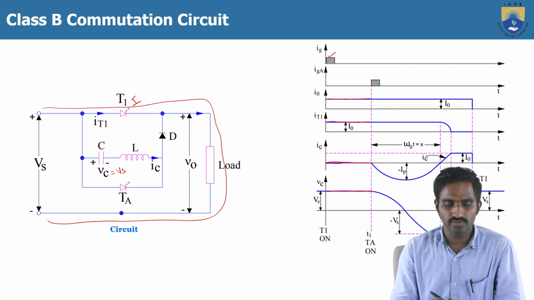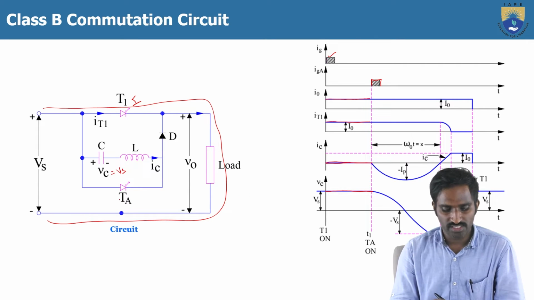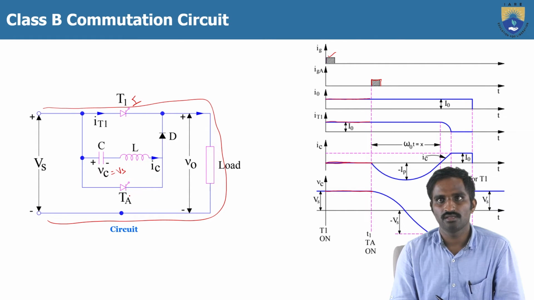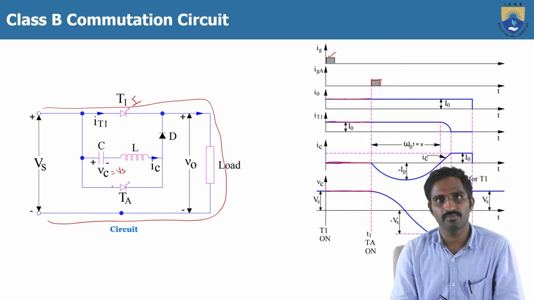Then, by giving the gate signal to TA, we turn on the thyristor TA also. When the thyristor TA is turned on, we are providing the path to discharge the capacitor, so the capacitor will get discharged.